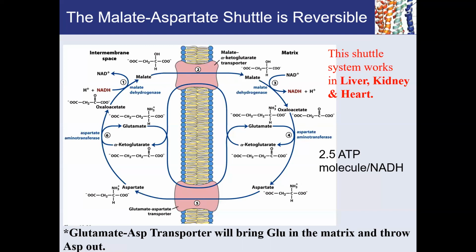So in the matrix, malate will then do the opposite reaction because you have a mitochondrial isoform of malate dehydrogenase. It will take malate and NAD plus and regenerate NADH. In that process, you will regenerate oxaloacetate in the mitochondrial matrix. So you literally were able to bring an equivalent of NADH from outside to inside without physically transferring NADH through any transporter. That's what happened here.